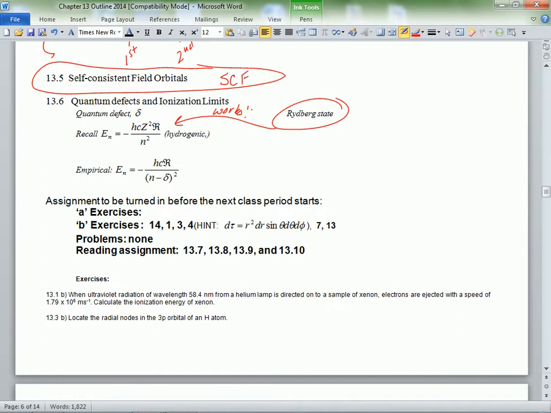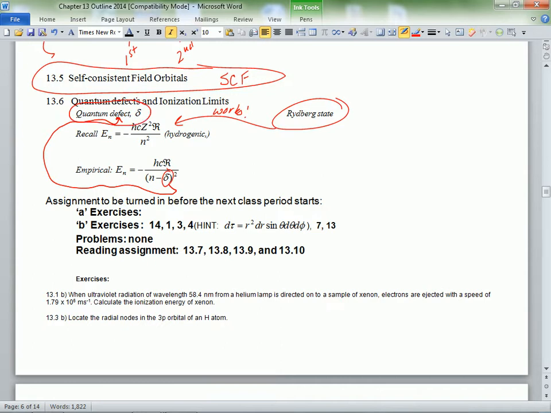All right, so empirical means what? Determined by experiment. You've got to introduce a little fudge factor to get the right answers. That delta is called the quantum defect.